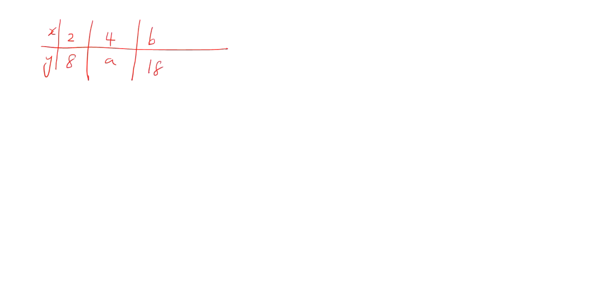And I tell you that y varies directly as x squared. It's still direct variation, but in this case, because it tells us that y varies directly as x squared, it means that y is proportional to x squared.